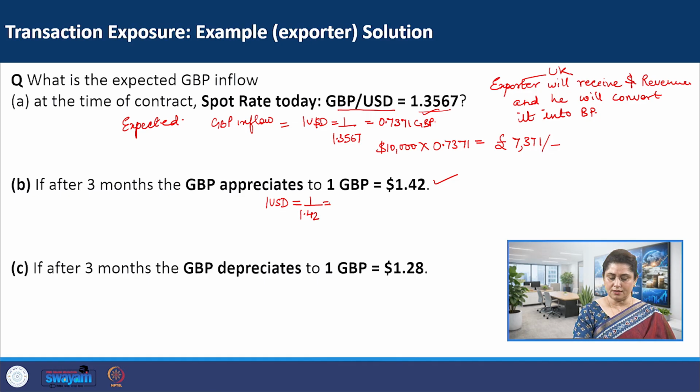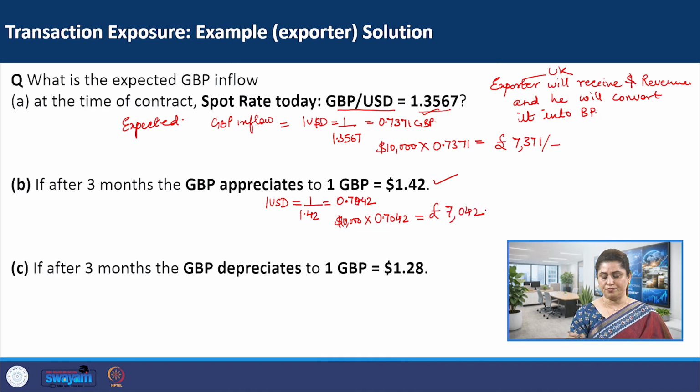This gives us 0.7042. Now we will multiply it with the amount that he is going to receive in dollars, which has been given to us as $10,000 into 0.7042. This gives us pounds 7,042. Now what happens when the British pound depreciates?